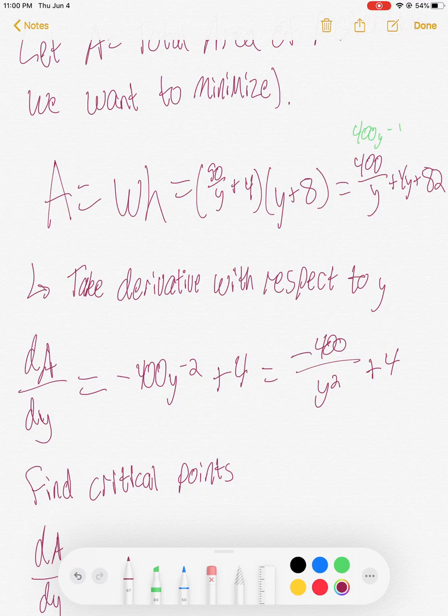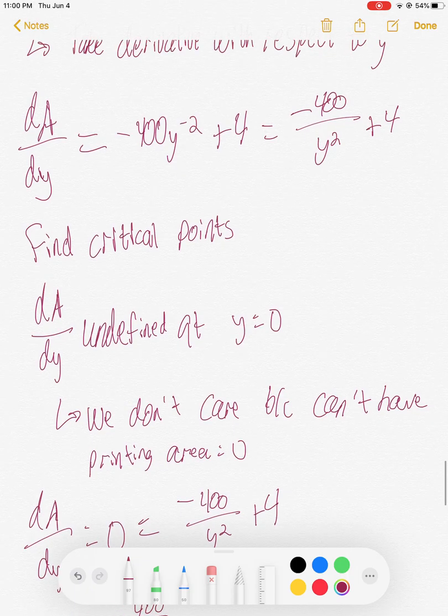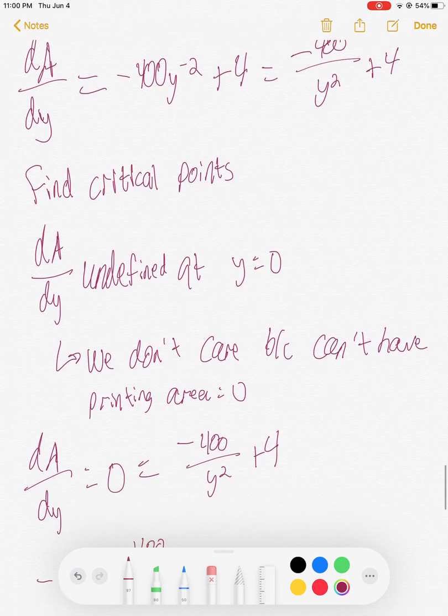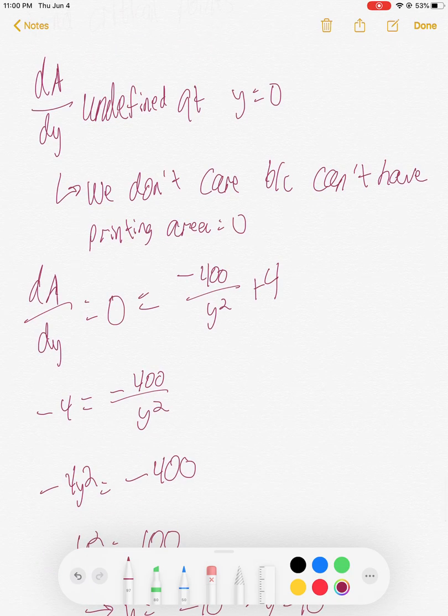You want to make sure that you identify what it is that you want to maximize or minimize, and then you can write a formula for that. Hopefully with your substitutions, you're able to write that in terms of just a single variable. So here we wrote it just in terms of y. Then you're basically going to do the max and min stuff, which we did before.